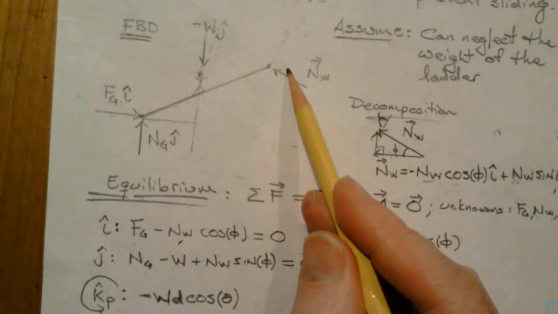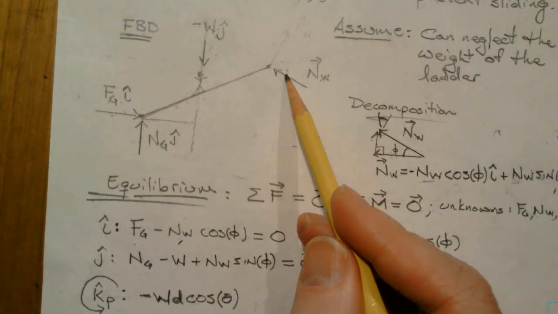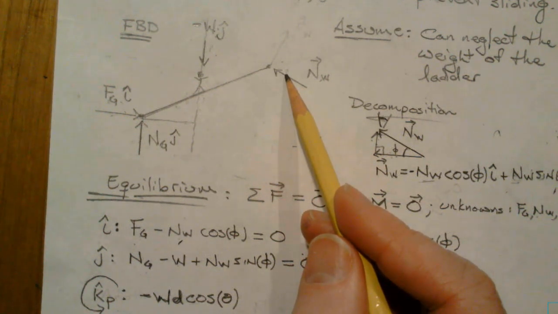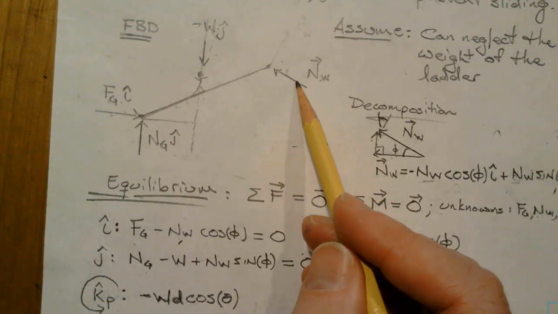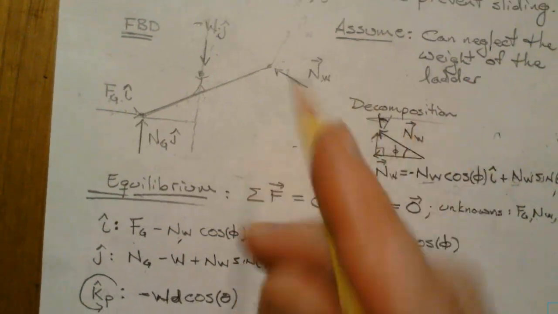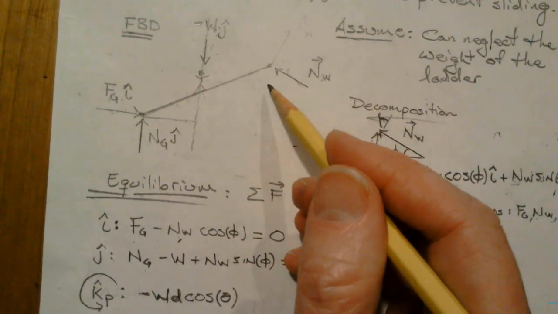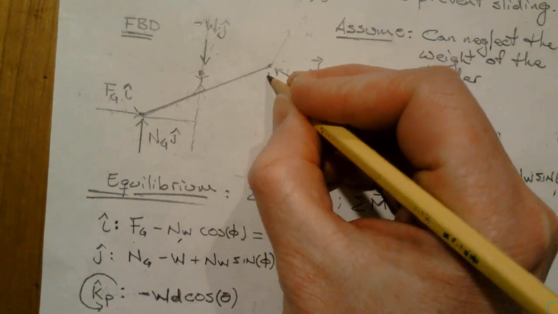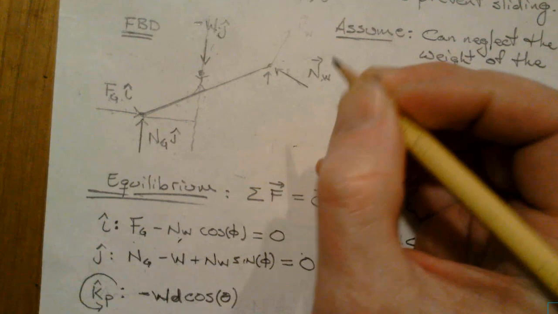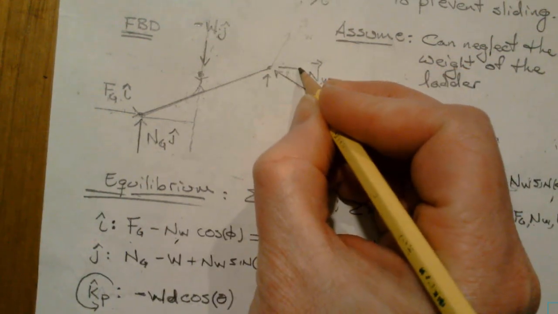And then I've got a moment due to this normal force, right? And how do you calculate that? Well, one way to do it, I'm going to sort of scratch in my free body diagram right here, but I'll erase it in a moment. So one way to think about this is we've got a normal force that can be written as two components, right?